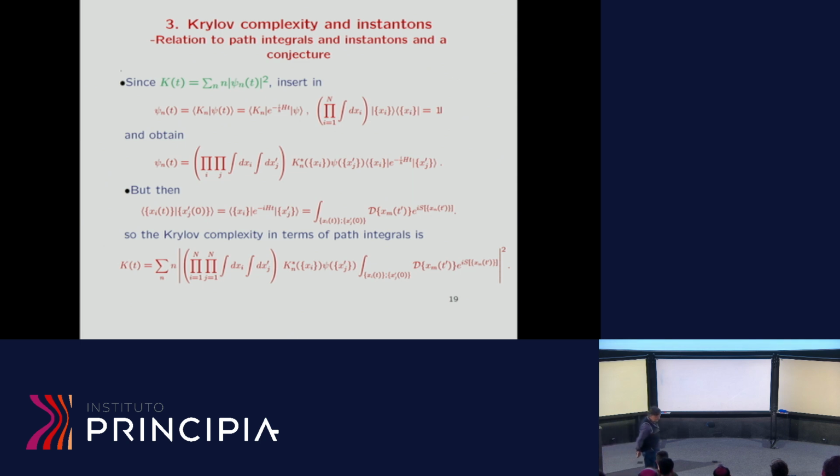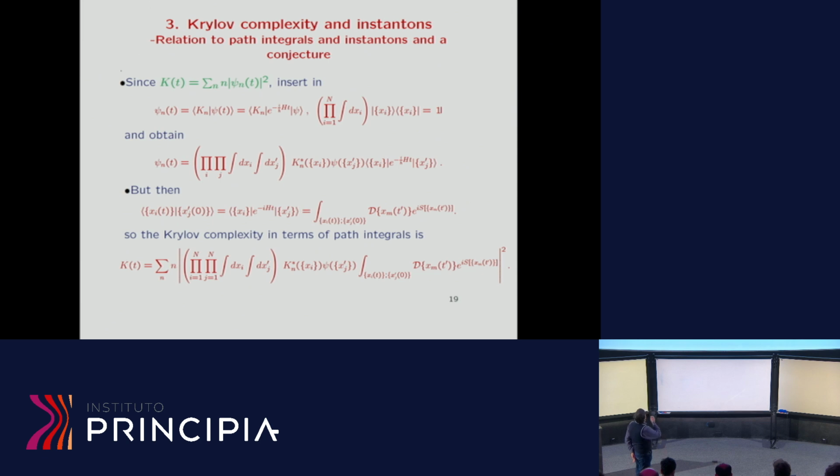So I want to write the Krylov complexity plateau in terms of some instanton-like factor. So first, I want to rewrite the formula for the Krylov complexity in terms of some path integrals, which I will then try to argue that in some cases reduce to an instanton factor.